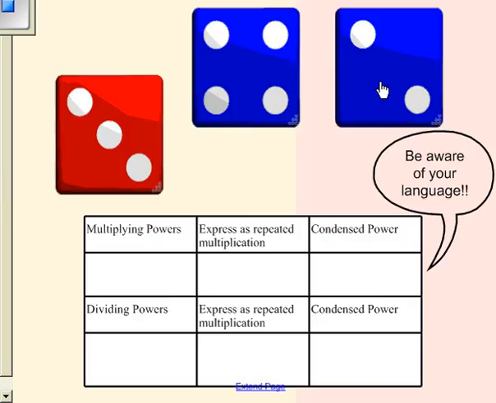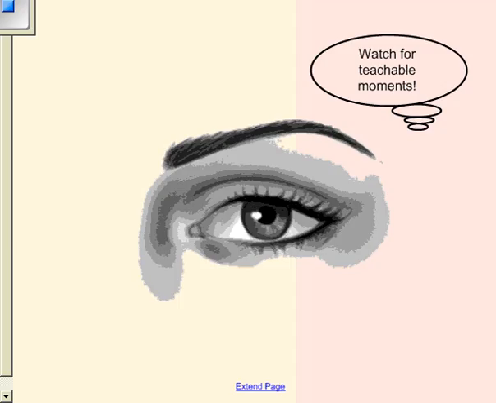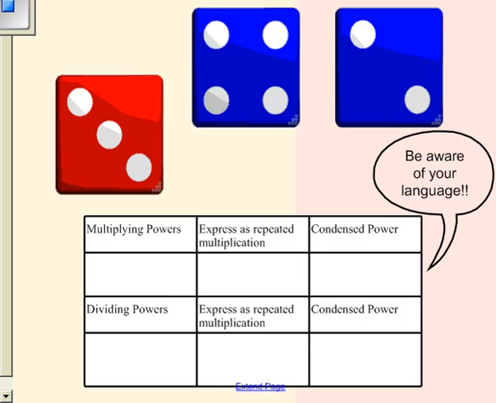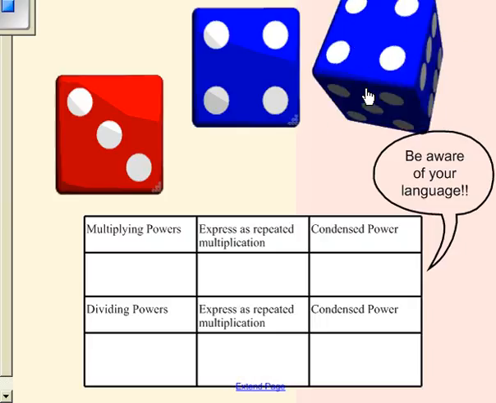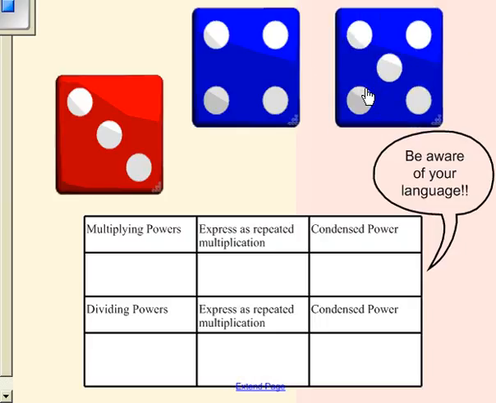Now I'm going to teach you more about what we changed in Nicole's lesson. So one thing that we need to do is to watch for teachable moments. If we just go back to the previous slide, when Nicole was doing this slide, a teachable moment arose because when she did the exponents, there was a bigger number that was supposed to go on the bottom as an exponent.